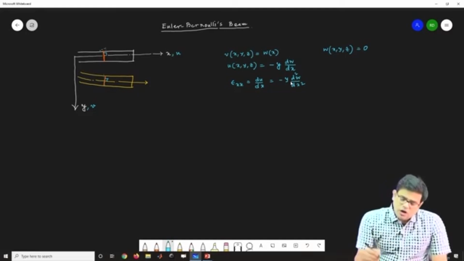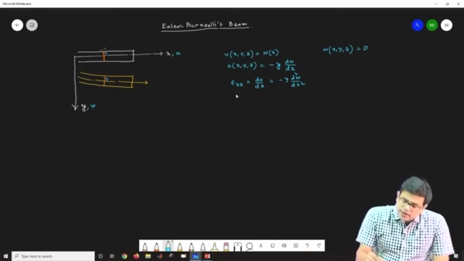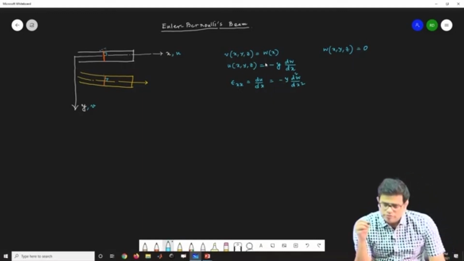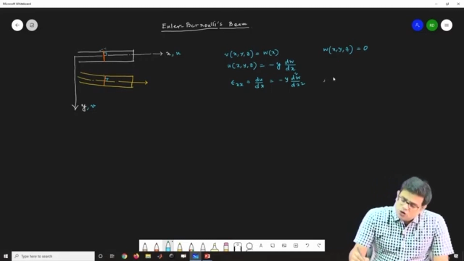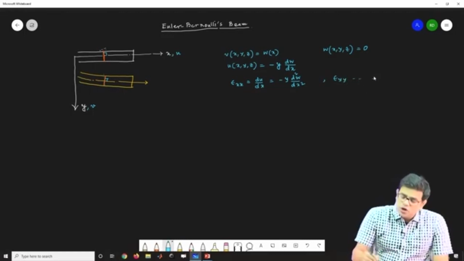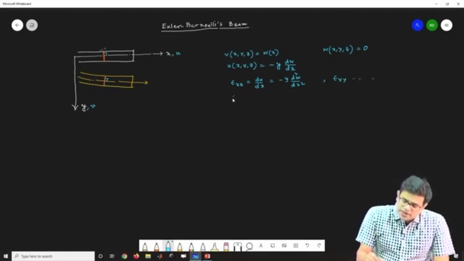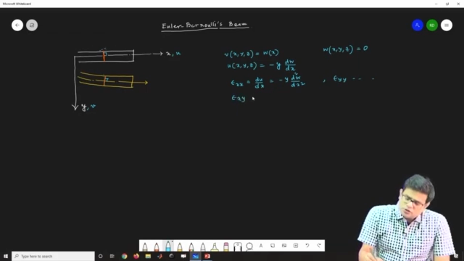Now the other strain components: epsilon yy will be 0 because v is not a function of y at all, and the other strain components will be 0. The interesting part is that epsilon xy is also 0.